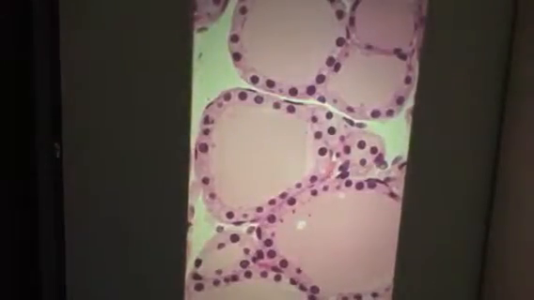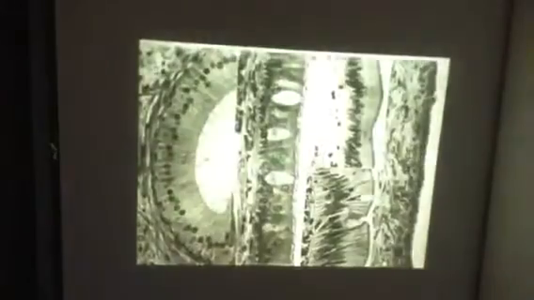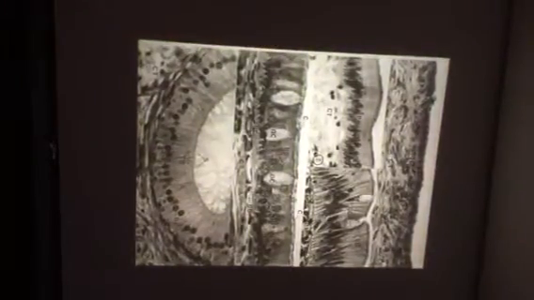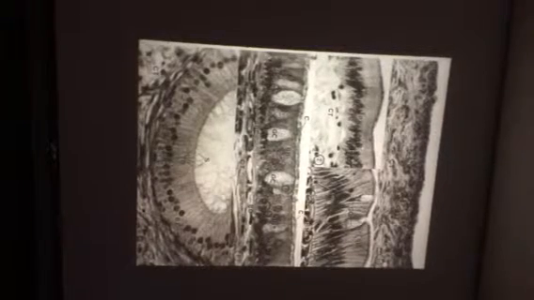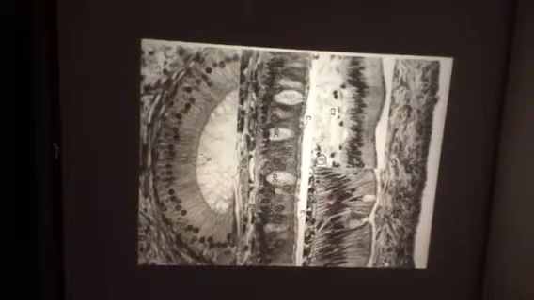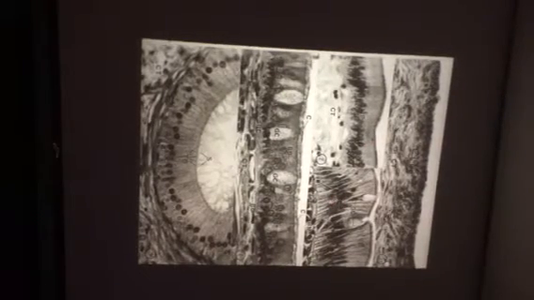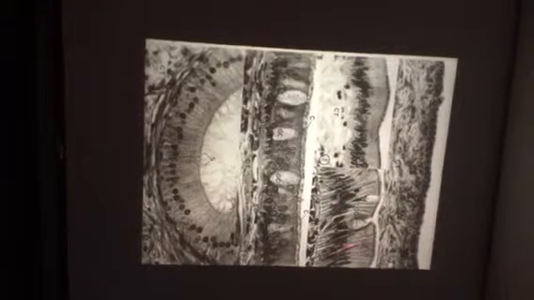Note the nice round nuclei, piece of cake. Simple cuboidal epithelium. Oh, let's go back to that. There's a capillary right there. Okay, well, simple cuboidal epithelium, simple columnar epithelium. There's some variation that you'll find throughout the body in the height of those.